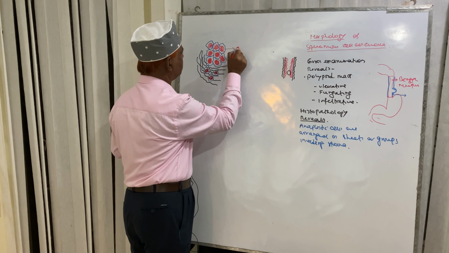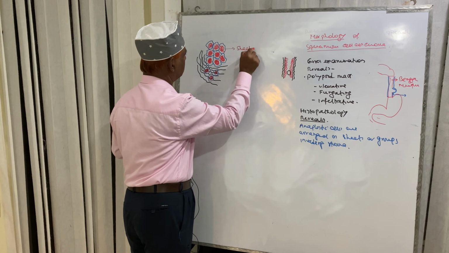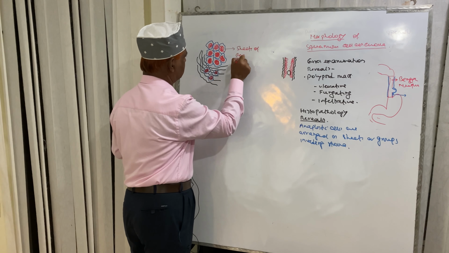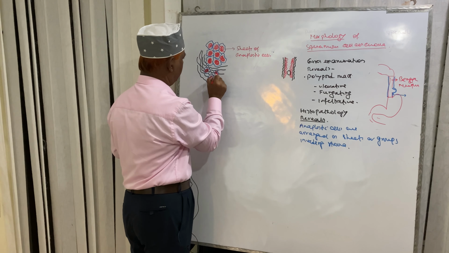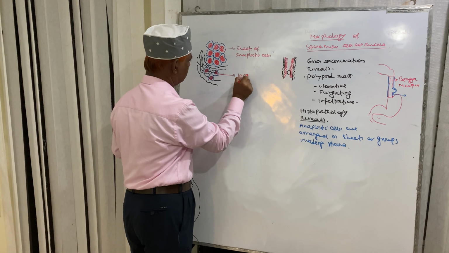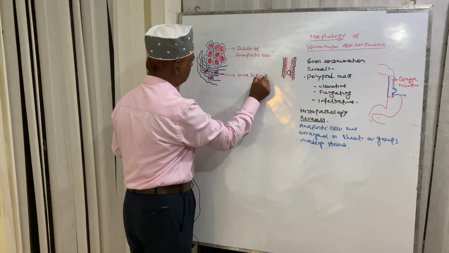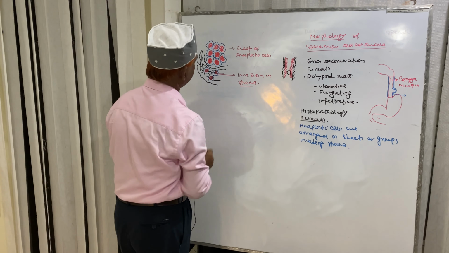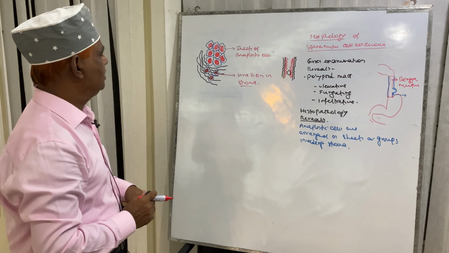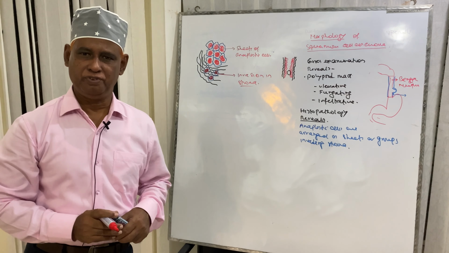So this is the sheets of anaplastic cells, and this is invasion in stroma. This is the histopathology of squamous cell carcinoma of the esophagus.